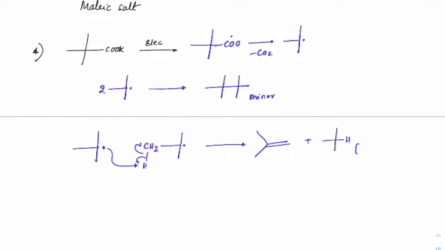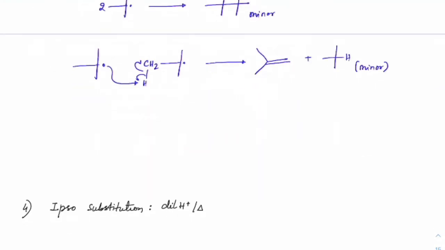They will also be in minor amounts. Got it? This disproportionation will also happen. Definitely they'll be better than this, but there would be sufficient amount of this C double bond O dot present in the solution, and this is less hindered, so this would have more chances to terminate.